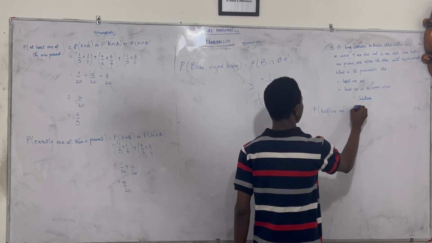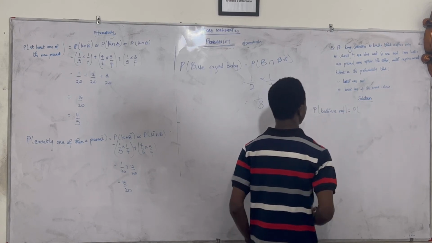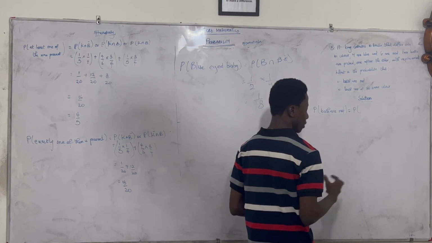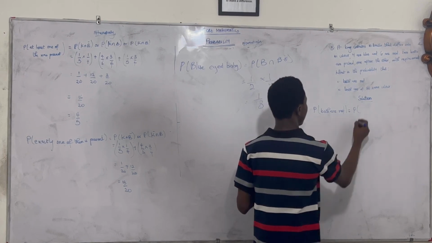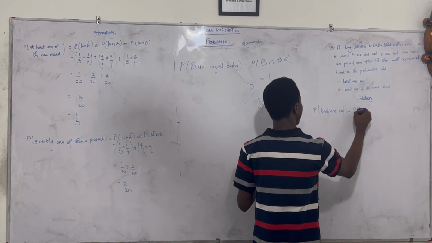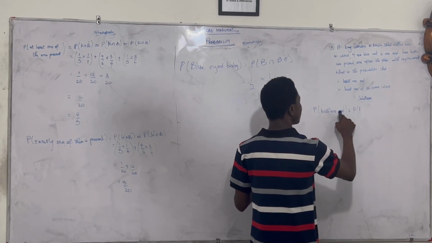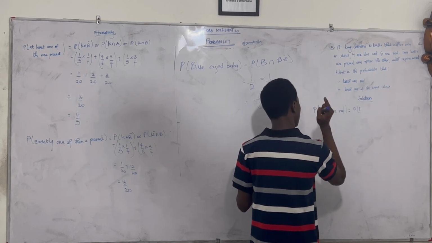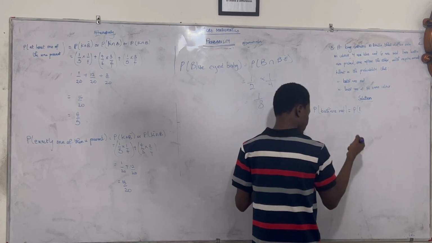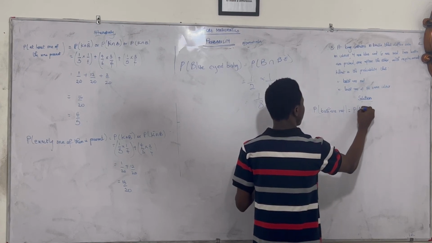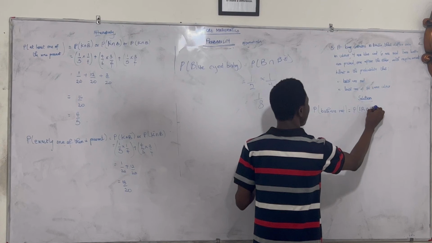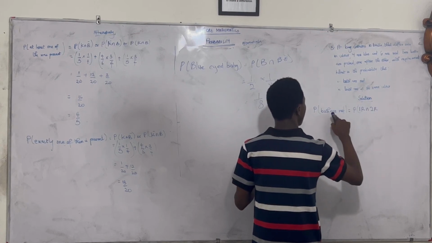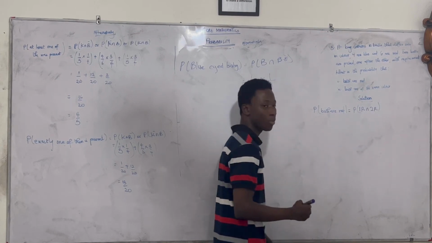Listen, the probability that the first pick was red and the second pick was also red, because they are saying both are red. That's the interpretation.